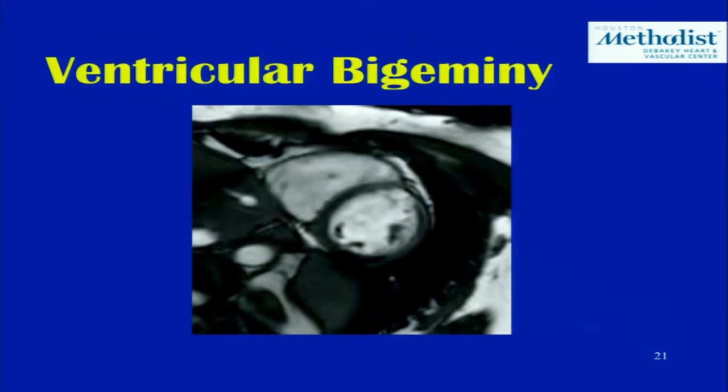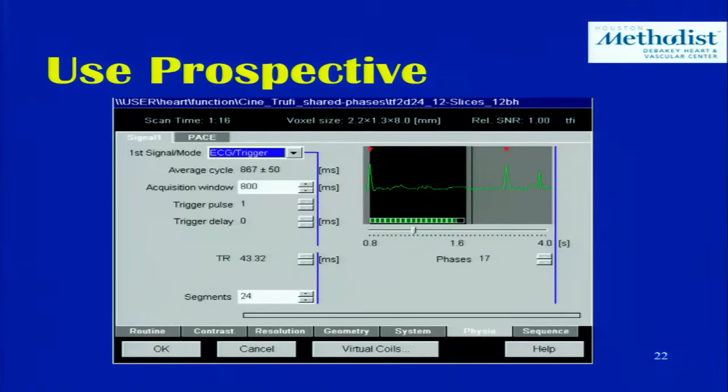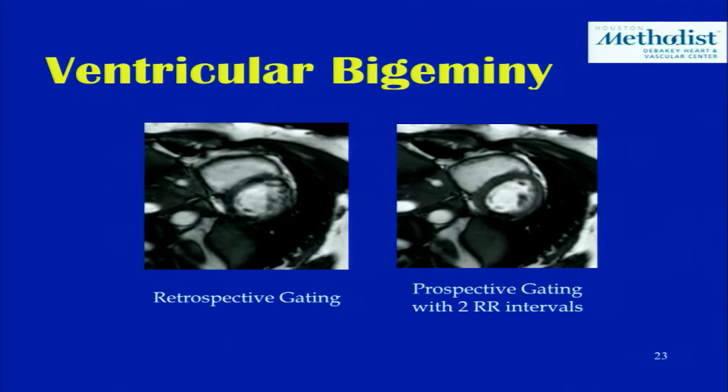So for bigeminy, there's actually a strategy that you can employ, which is to fool the scanner. I know that there's going to be a normal heartbeat and a PVC, and the combination of the two maybe takes up, instead of 800 milliseconds, 1500 milliseconds of time. So I can fool the scanner into acquiring both beats.